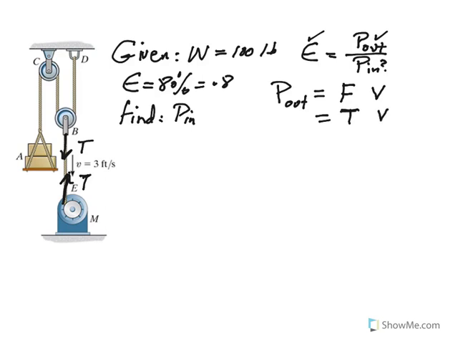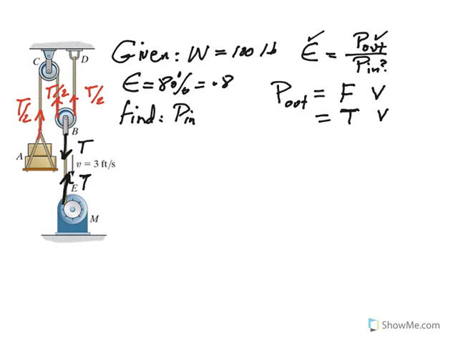Notice that if you look at the free body diagram of this, it's going to be T over 2 here and T over 2 to balance the T. So the tension acting on this cable here would be T over 2.